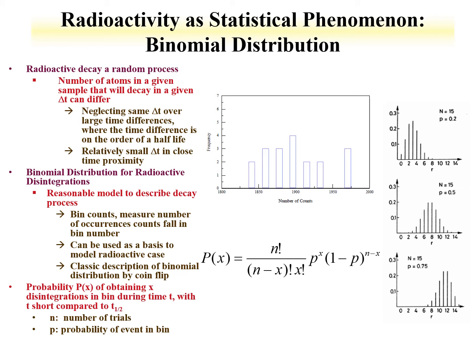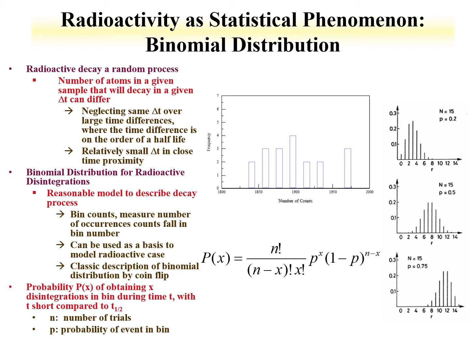If I have something that has a half-life of a second and I count it for 100 seconds, every atom in that sample is likely to have decayed because my count time is so much longer than my half-life. Most of the time, that's not true. You may have a half-life on the order of days, and you may only count it for minutes, maybe an hour.